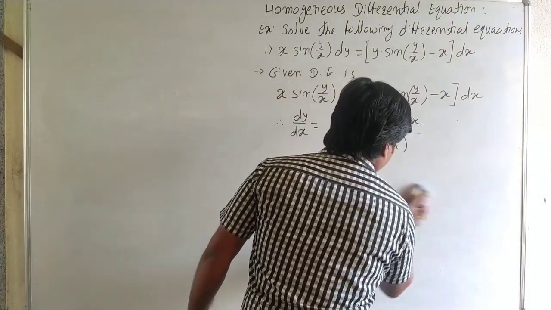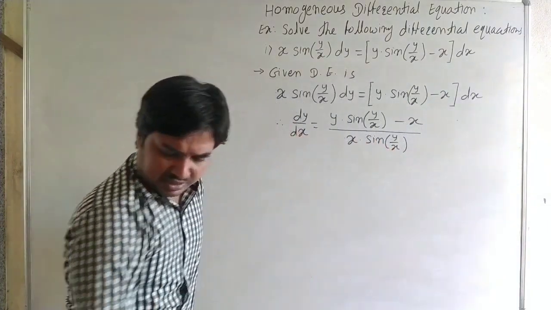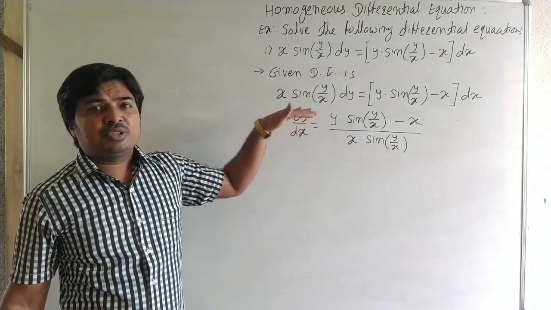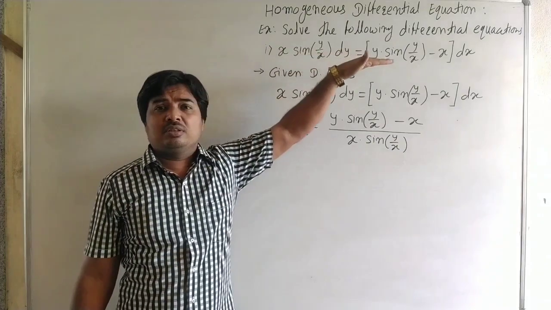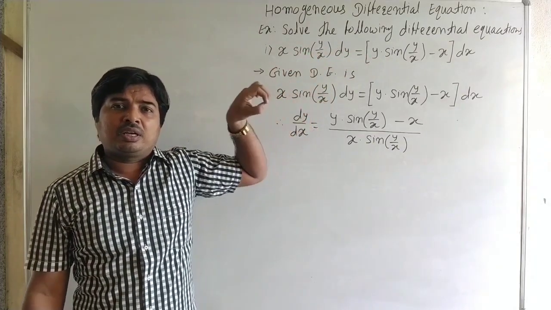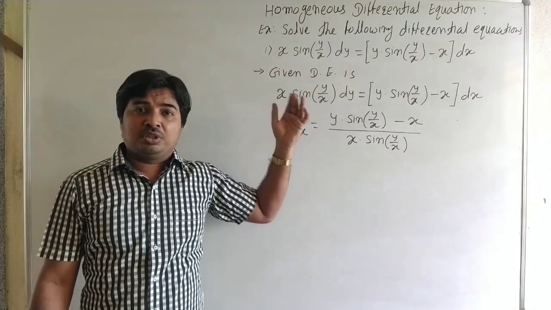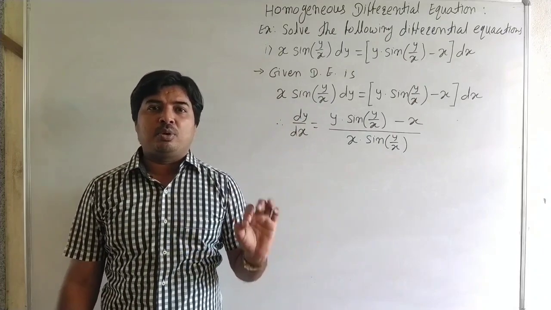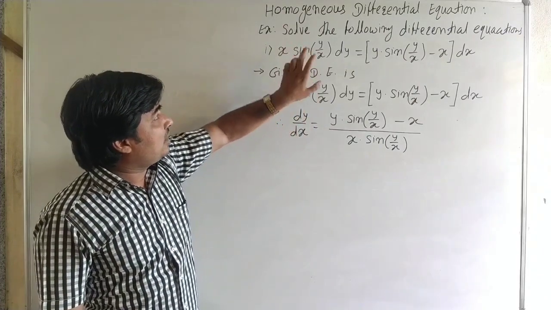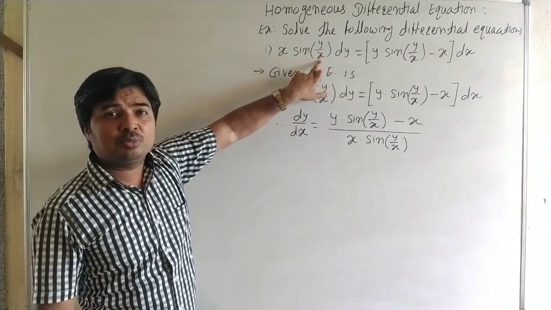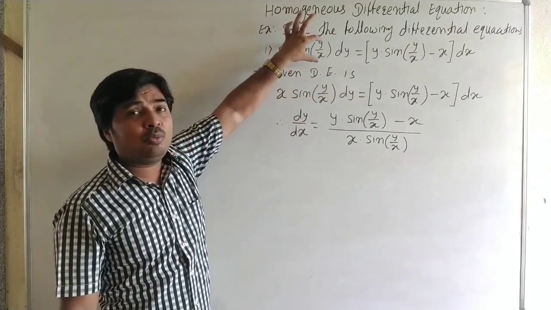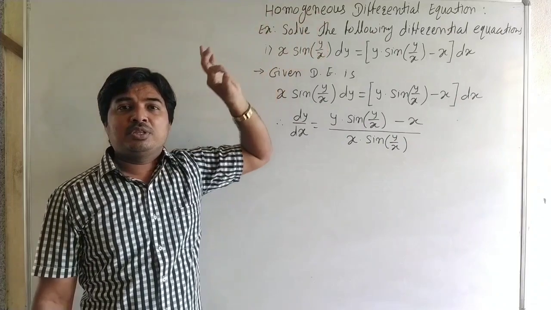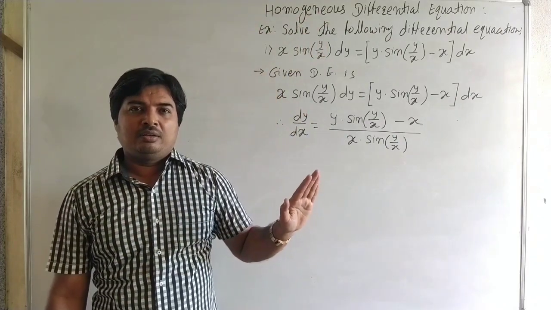Here we first check whether this is a homogeneous differential equation or not, or whether the solution of this differential equation can also be found by the last method, reducing to variable separable form. Here our standard function sine x is a function of x, or sine y is a function of y, but it is sine of y by x, that means sine of x comma y.